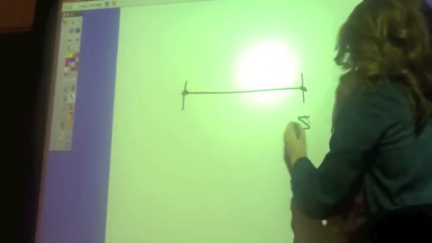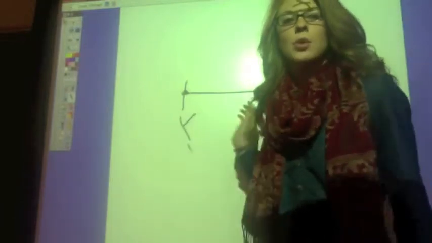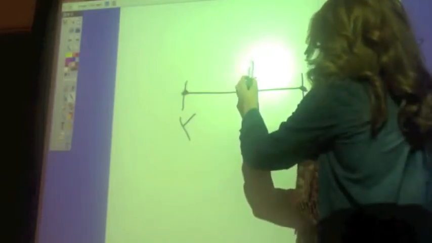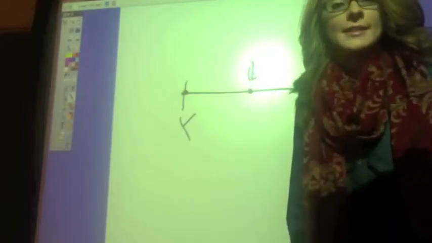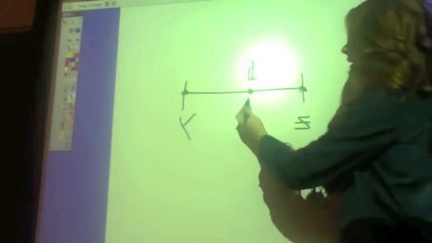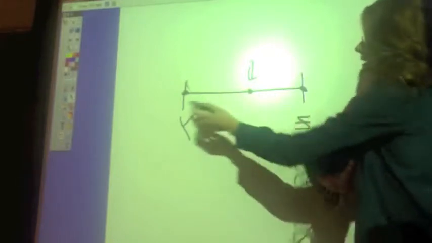Now let's move on to the segment addition postulate. So we have a segment through 2 points. There's another point in between the 2 endpoints of the segment. Let's call this point J. The segment addition postulate says that segment JZ plus segment JY will sum up to equal the entire length of the segment ZY.